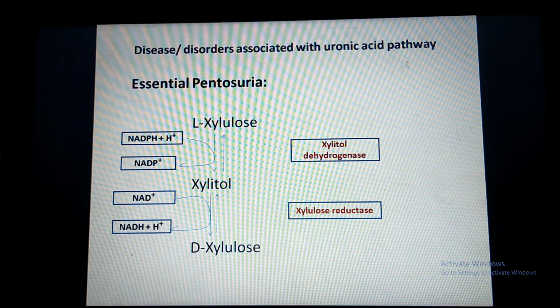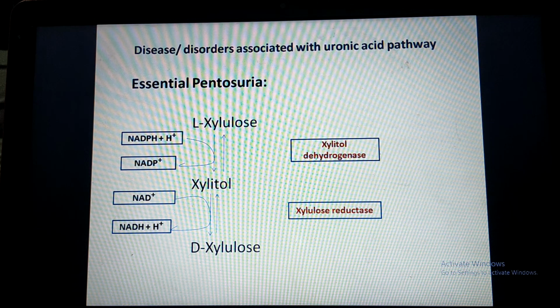One is xylitol dehydrogenase and another is xylulose reductase. So due to deficiency of these two enzymes, L-xylulose is not converted into D-xylulose. Therefore L-xylulose is not utilized. This D-xylulose is utilized in HMP shunt pathway, but L-xylulose is not utilized, and hence it is excreted into the urine, leading to essential pentosuria.